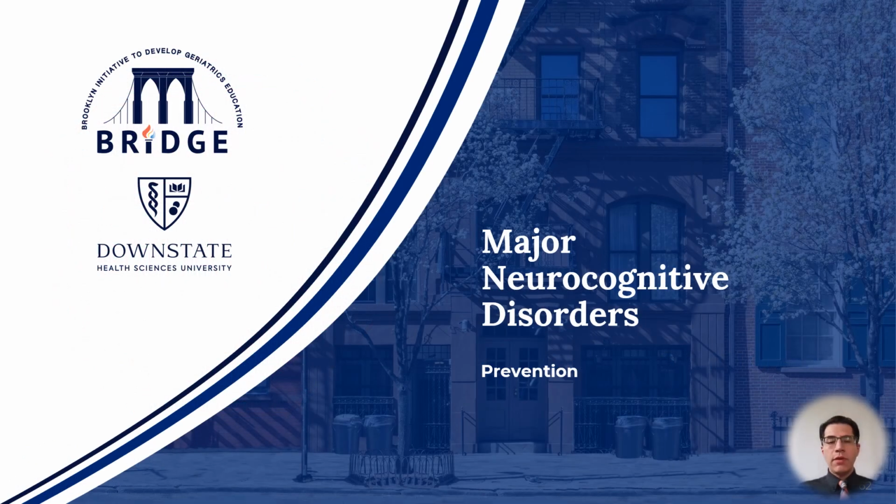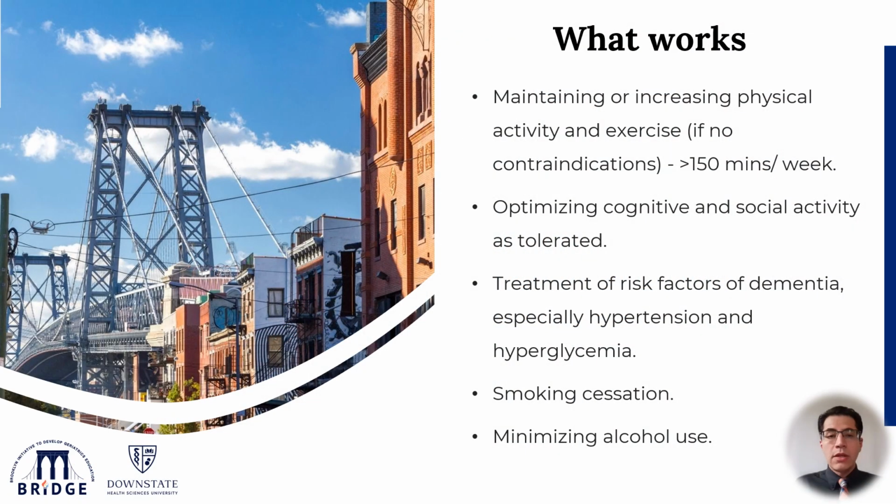So now we arrive to the last section of this module, in which I will try to answer a common clinical question that patients or their families may ask about what exactly can I do to prevent or slow down my cognitive decline as I age. So here's a list of the stuff that you can do that medical research has proven to prevent, delay, or slow down the progression of cognitive decline in older adults.